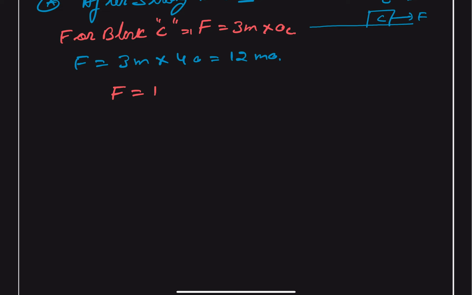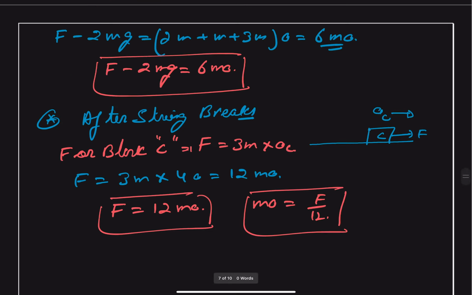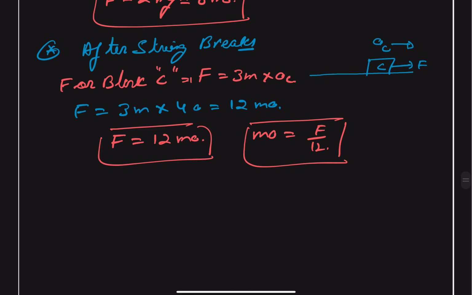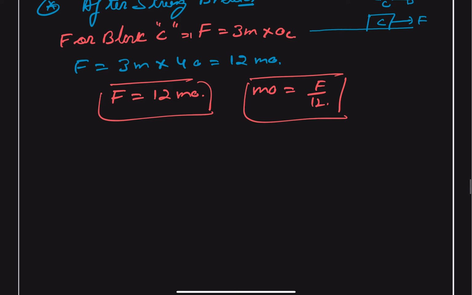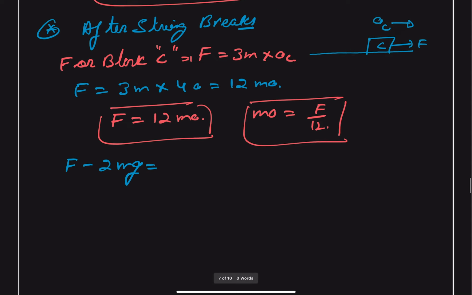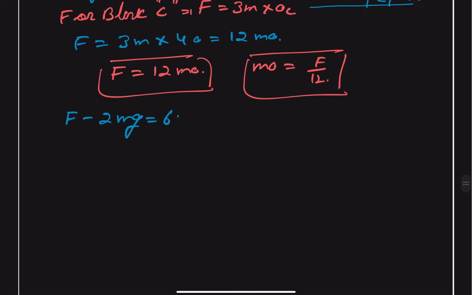Now we have two equations, that F is equal to 12 MA, and from here let us find out what will be value of MA. MA will be F upon 12, and we also found out that F minus 2 mg is equal to 6 times MA. We substitute the value of MA: 6 multiplied by F upon 12. 6 goes with this 12, and we are left with F upon 2.